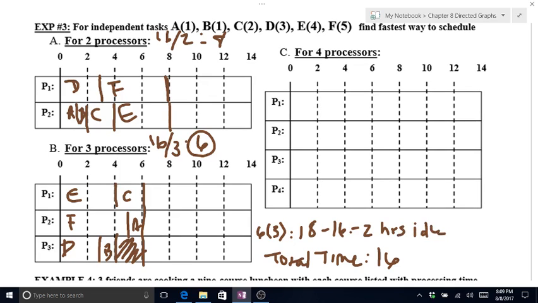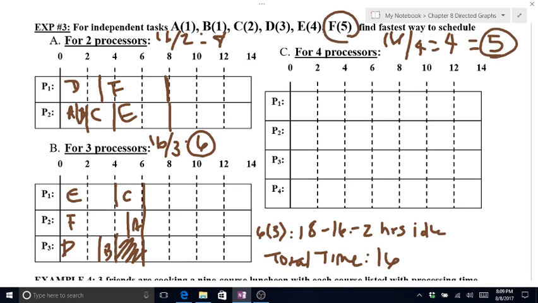And finally, between 4 processors, that's 16 divided by 4, that's 4. It can't be any shorter than our longest. Okay, so we're looking at 5 then. So one of them is going to work on our longest task. We don't want to go any more than 5. So let's do E here, 4 minutes. We'll put D and A together, that's 4 minutes.